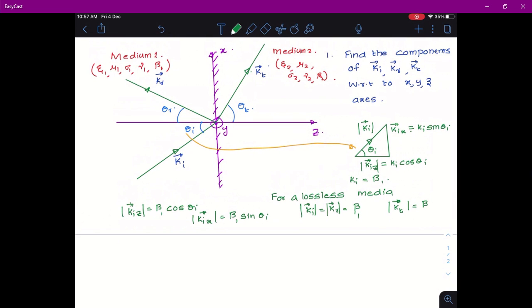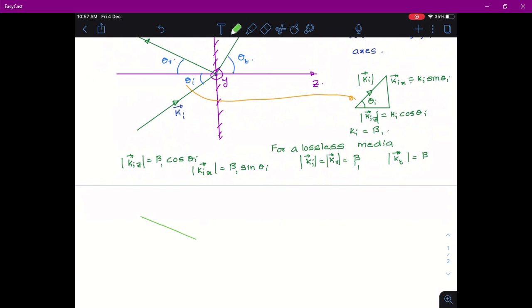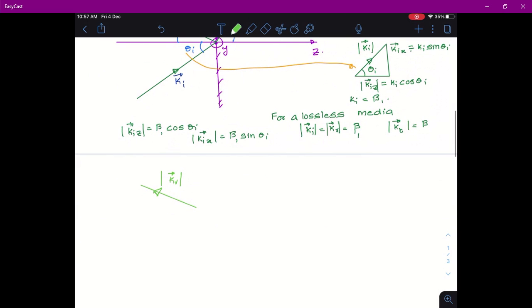Now let's look at kr. So you see the kr here is in this direction. So I can draw kr like this. This is kr vector. The magnitude of kr vector will be in this direction. So I can resolve it into two components. How will you resolve this into two components?